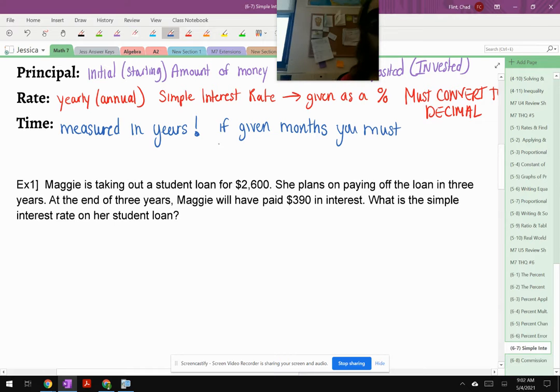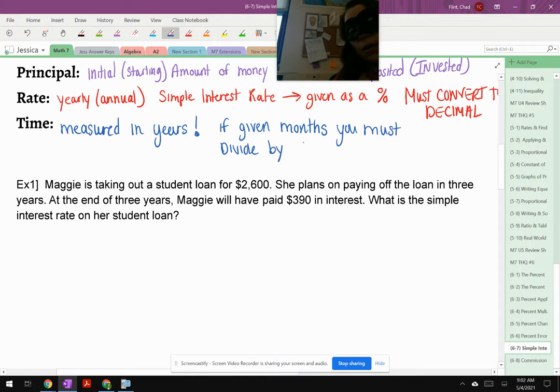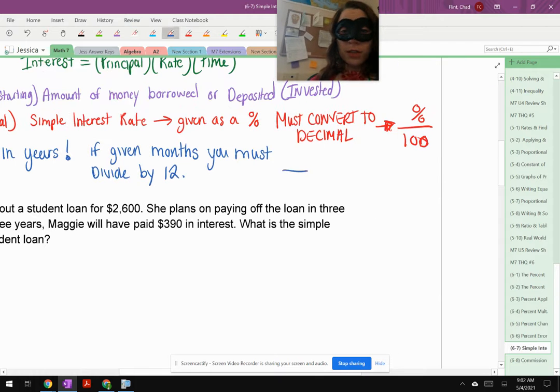You must divide by 12. That's how you convert months into years. So you would take the number of months, divide that by 12, and that's what you would put in for your time.